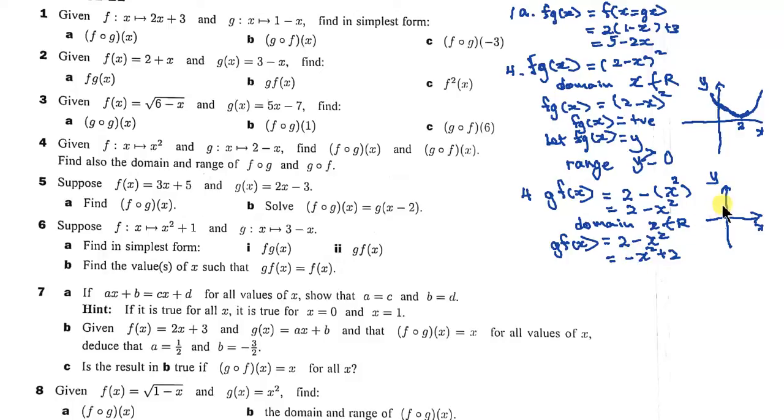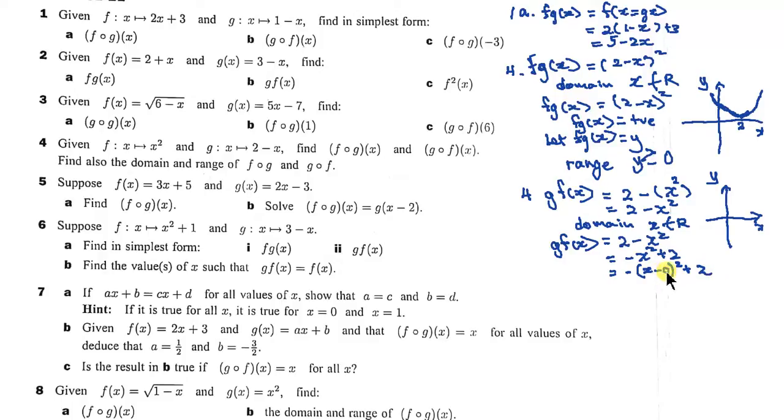Now, you can see that if you look at it using completing the square, this is actually in the format of completing the square. It's actually minus (x minus 0) squared plus 2.